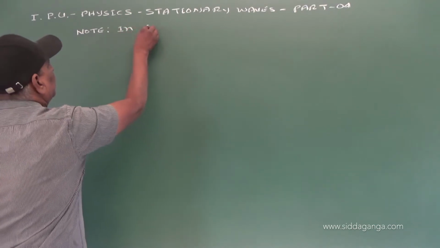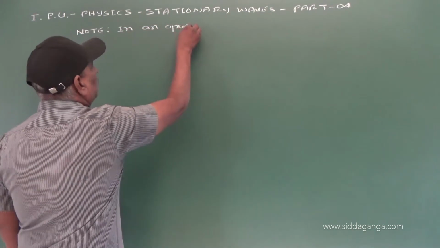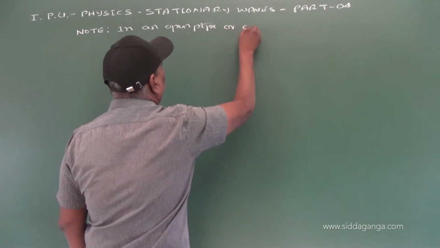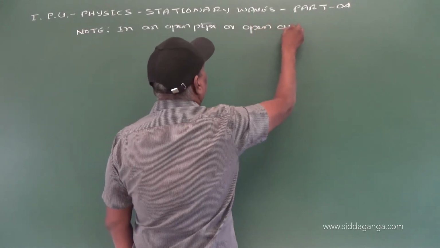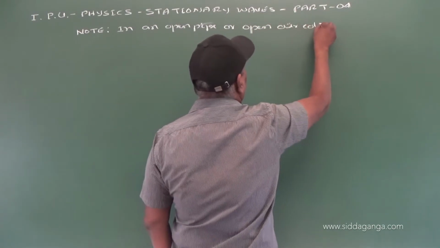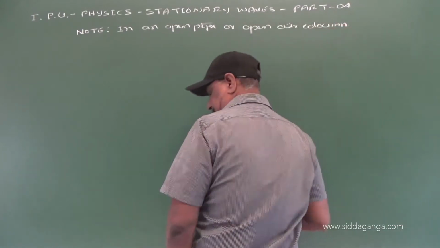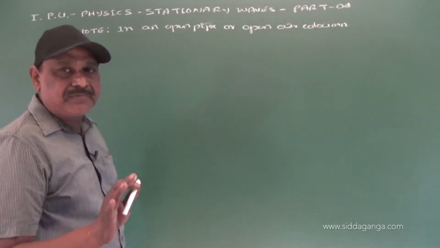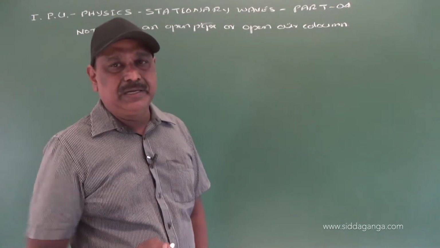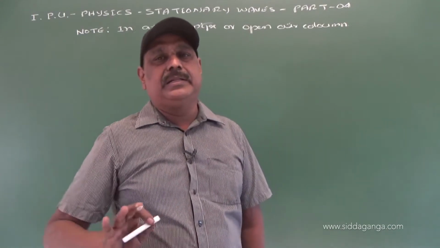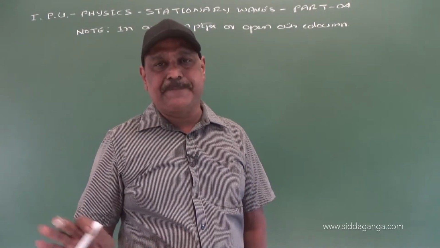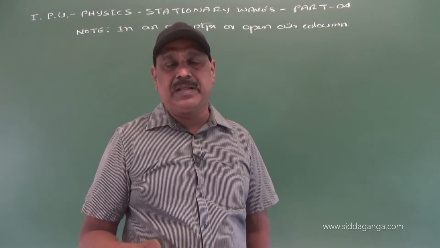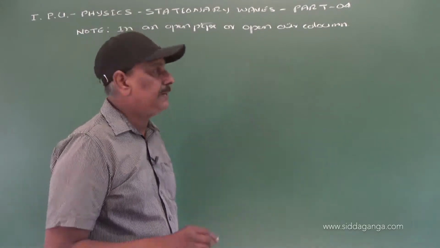So in an open pipe or open air column, all frequencies are present, very much similar to the vibrations of a stretched string. Here both odd harmonics and even harmonics are present.